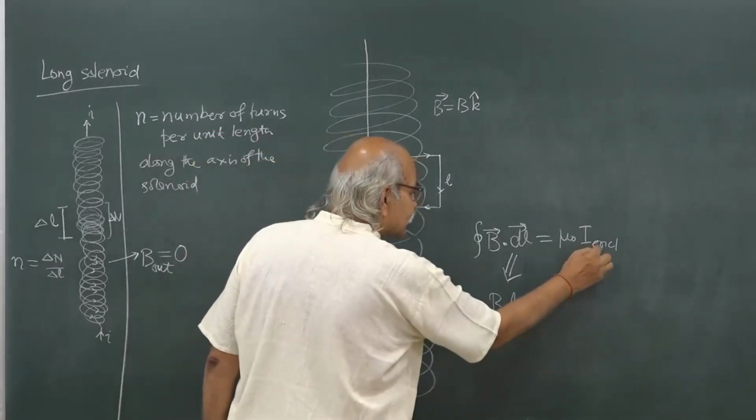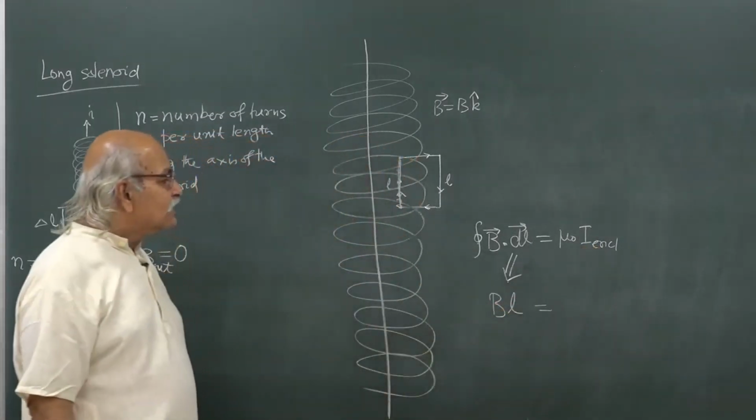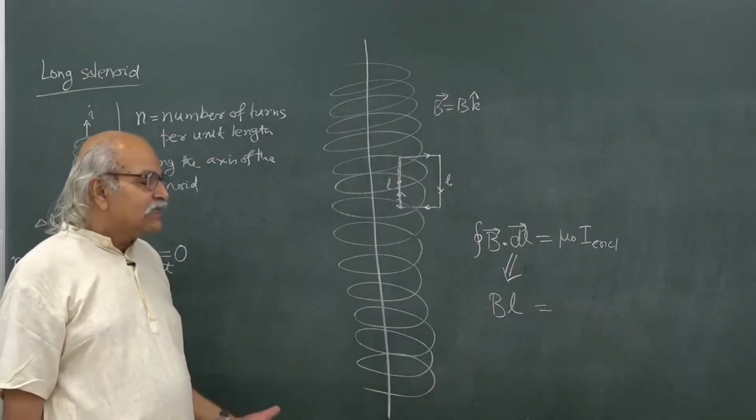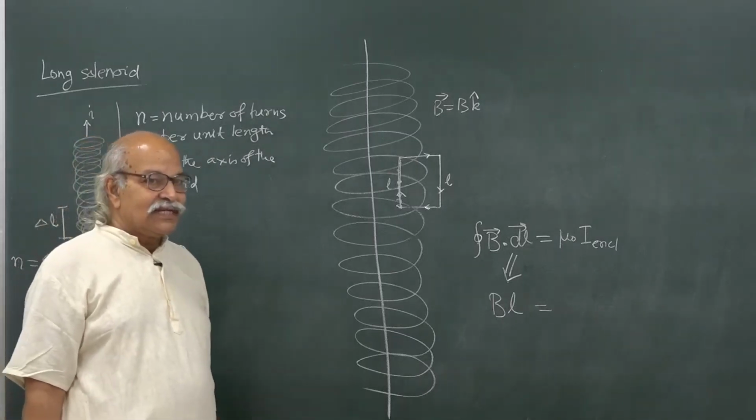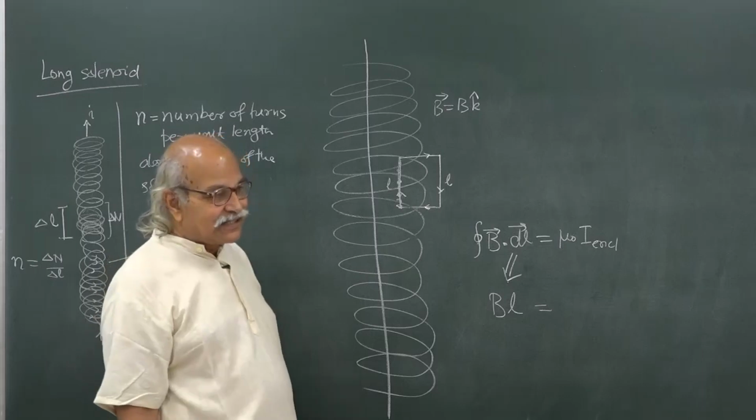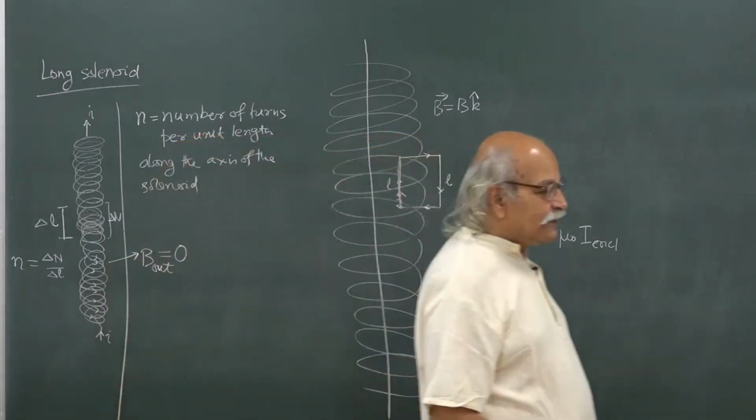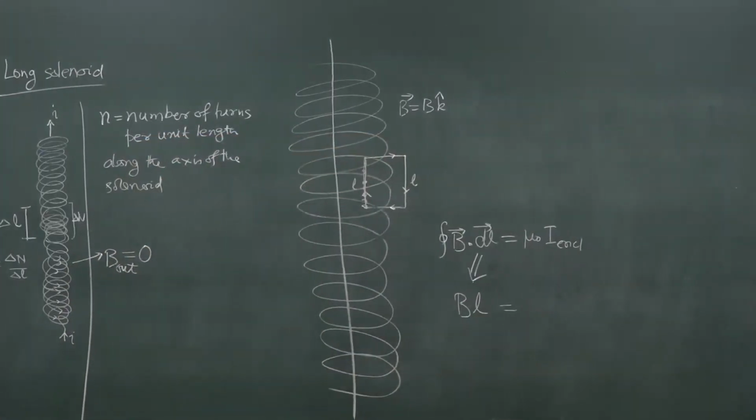What is current enclosed? What is the current going through this rectangle? So, let me do something.